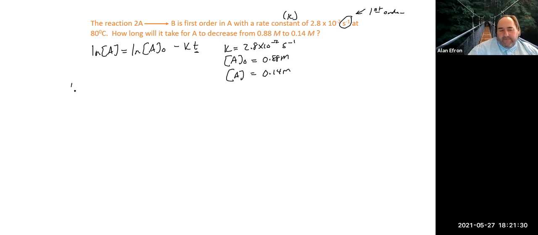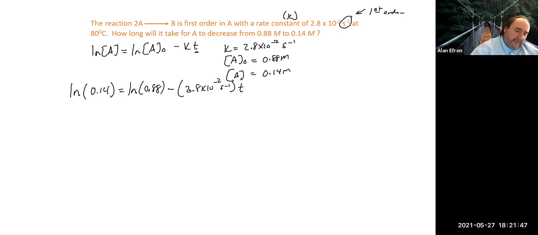So putting that in gives us the natural log of our final concentration is equal to the natural log of our initial concentration minus the rate constant times t.